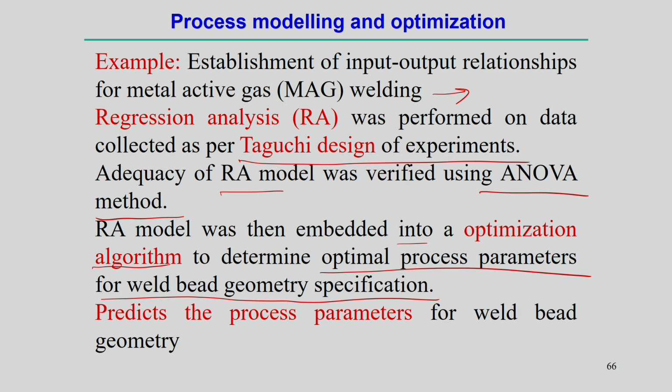So, if we integrate the optimization algorithm, it predicts the process parameters for the weld bead geometry. If we are looking for a particular weld bead geometry, we can find out what the input parameters should be for a particular welding process with the help of the optimization algorithm. And of course, before doing that, we need to establish the relation between input and output through the regression model.